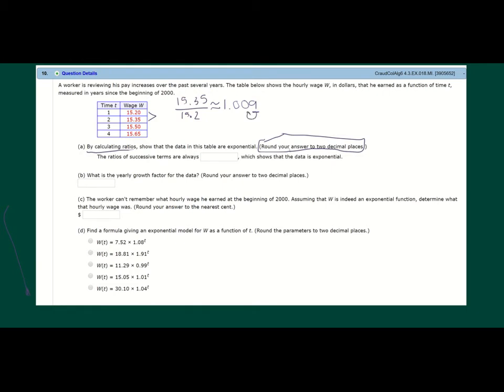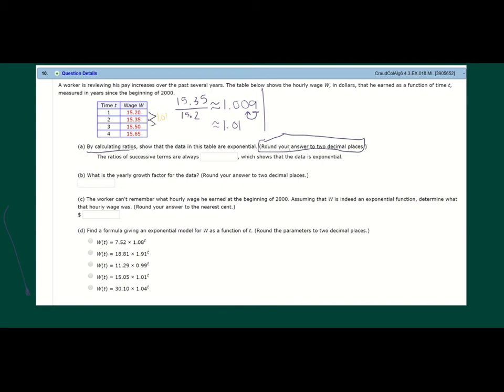If it's greater than 5, we round the 2nd decimal place up, and that's exactly what we're going to do here. So my first ratio is about 1.01, and I'm going to write that in yellow right next to the table, 1.01. That's what I got when I did W of 2 divided by W of 1.